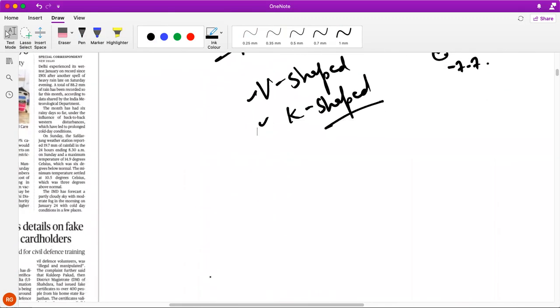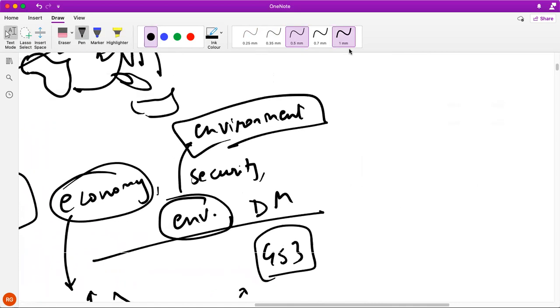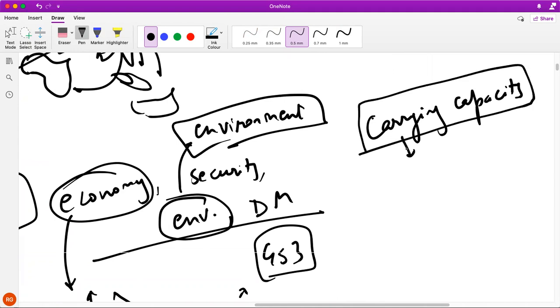Then similarly, if you see environment, there has been a lot of news because of lockdown. There have been fewer human activities, so we have seen an improvement in environmental conditions. The best example we can cite concerns carrying capacity. We measure carrying capacity through Earth Overshoot Day.